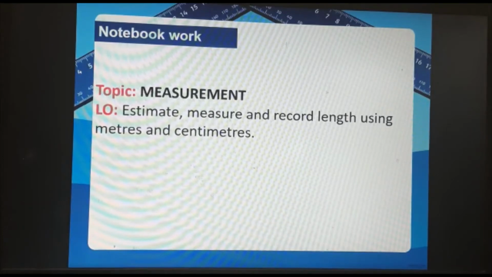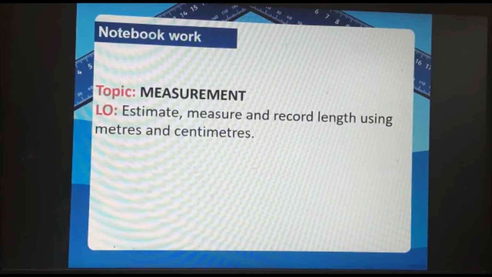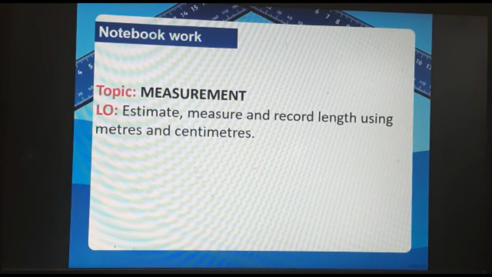The pre-assessment task that you have done in your notebooks, I will be checking and giving you remarks on that. You can send your answers in the comment box so that I can check, review and get back to you. The learning objective for today's lesson, which is measurement, is: estimate, measure and record length using meters and centimeters.